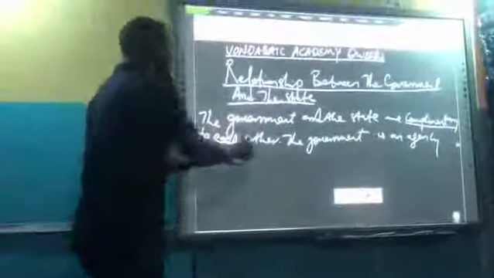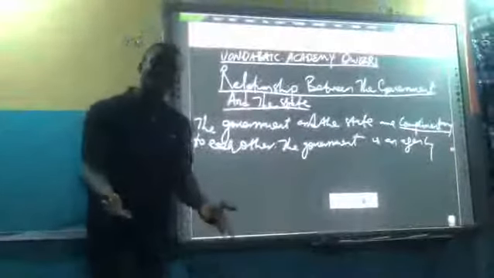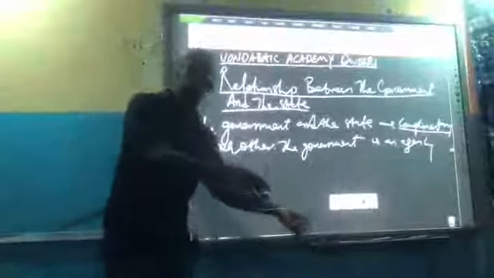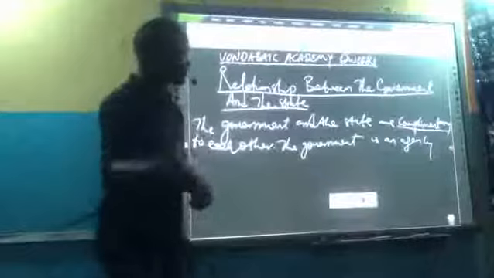So the government and the states are complementary towards each other. Those of you preparing for WAEC, when they ask you to list or to explain the relationship between the state and the government, if you fail it, that means you have a problem with your cognitive orientation. All right. The state and the government are complementary to each other.